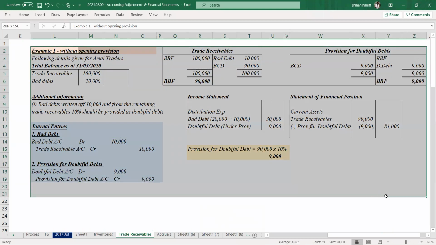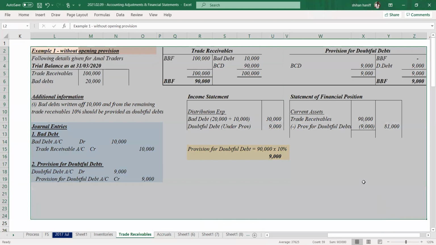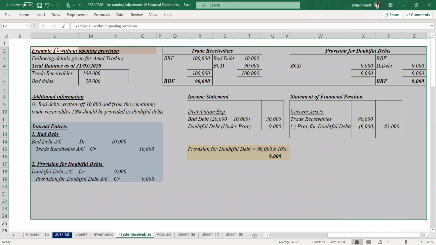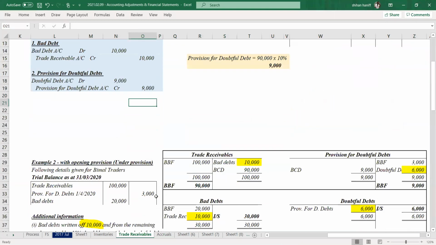So I'm going to do the next example with opening provision. Let's do under provision.